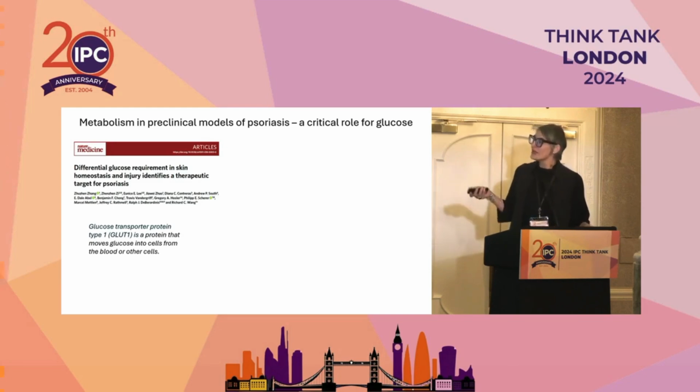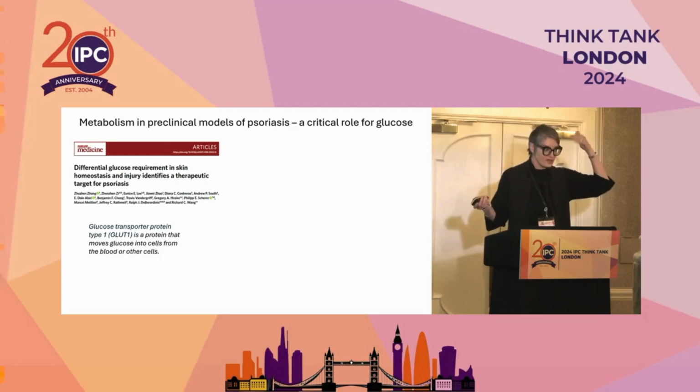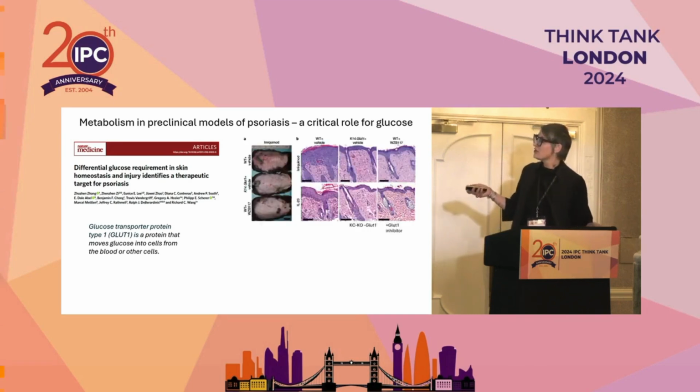GLUT1 is a glucose transport protein, and it moves glucose from outside the cell into the cell. Very simple. And you would assume that glucose metabolism is increased in psoriasis, and that's true because the cells are undergoing more metabolic changes.